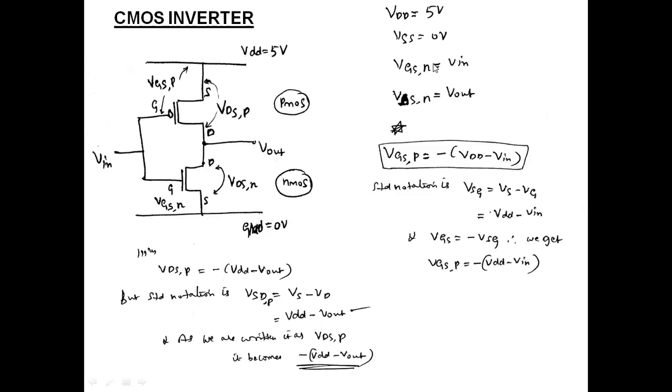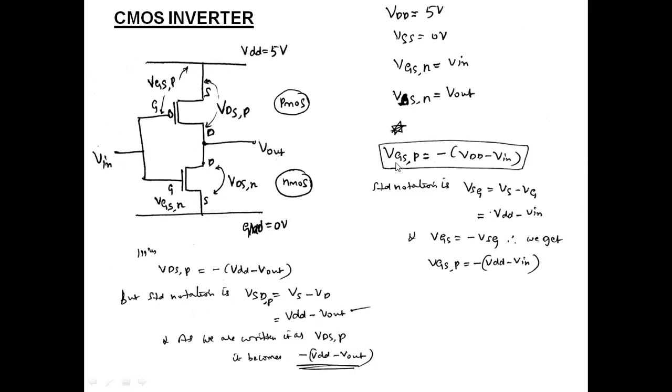Why? Because for the NMOS device, the gate is applied with the input voltage by grounding the source terminal. Hence VGS is this potential for the NMOS device, that is equal to Vin. Similarly, VDS,N is this particular voltage, and VDS,N is equal to Vout.